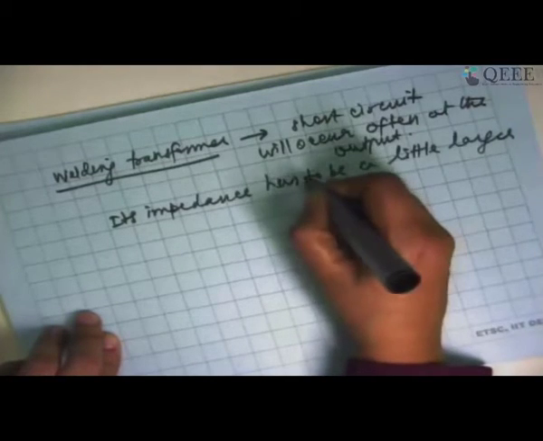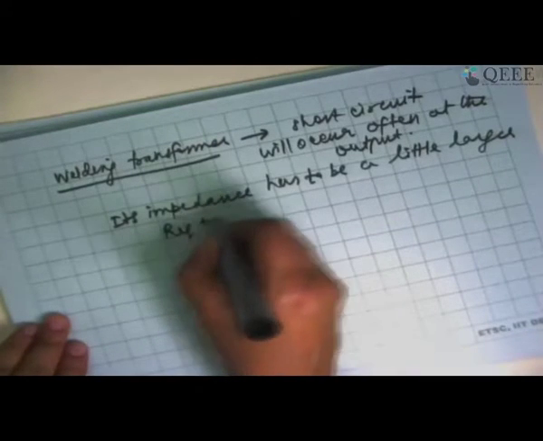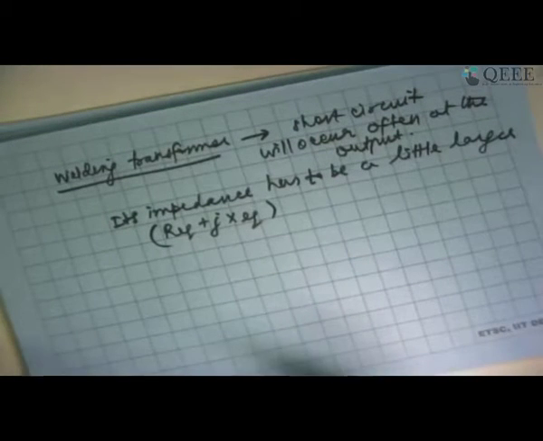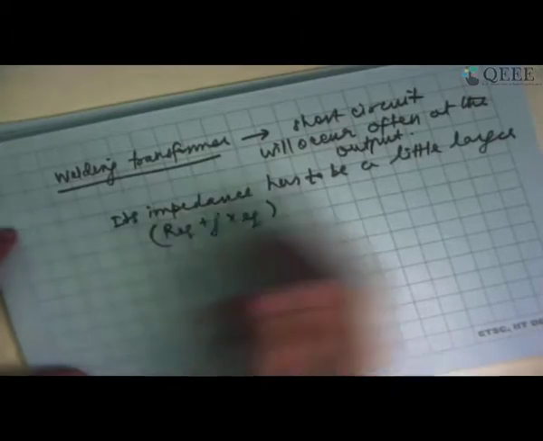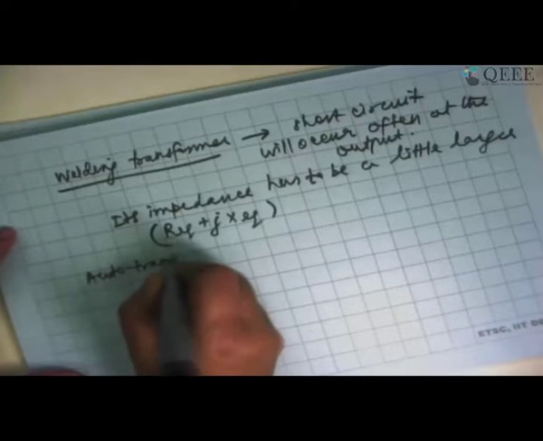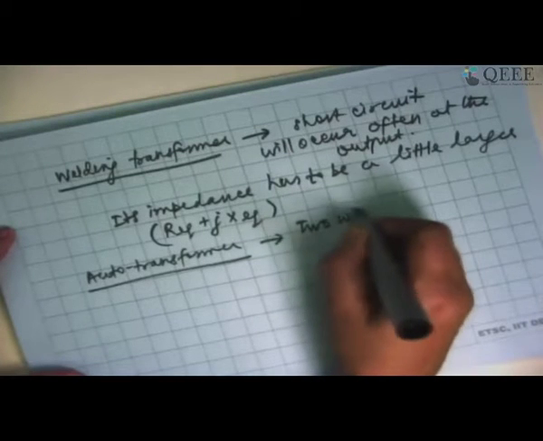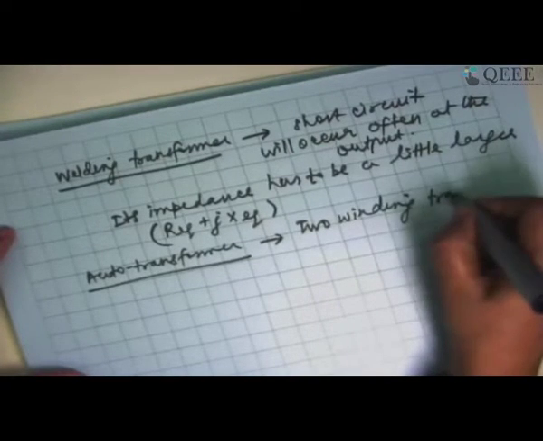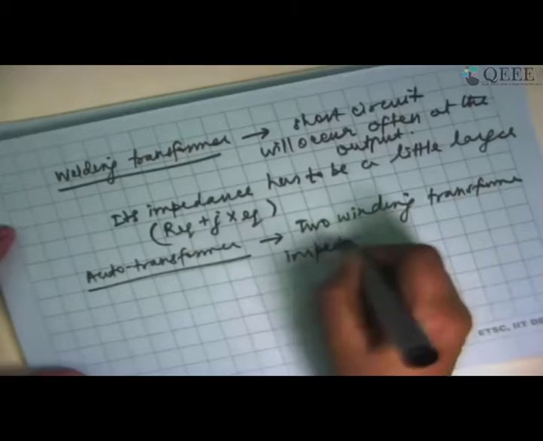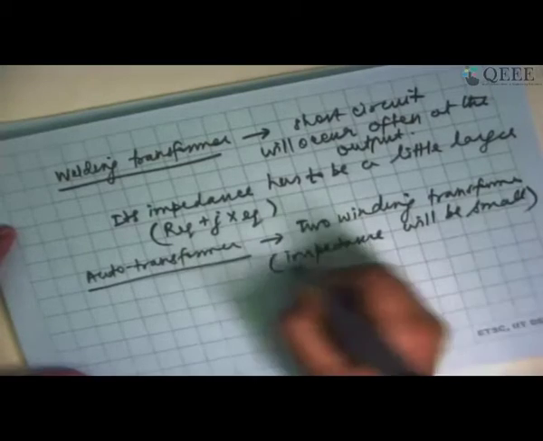Otherwise it will burn in all probability, because R equivalent plus jX equivalent has to be larger. If it is not larger, then I'm going to have a very large short circuit current, which is detrimental to the transformer. Whereas an auto transformer is a normal two-winding transformer itself used as an auto transformer, but generally the impedance will not be large, will be small.